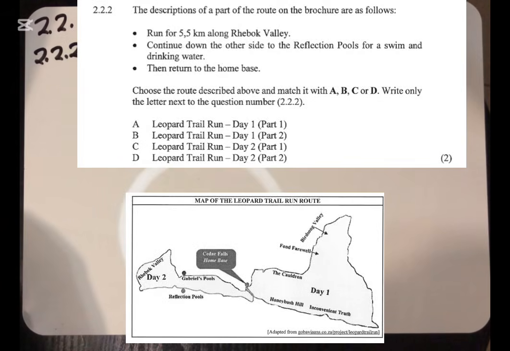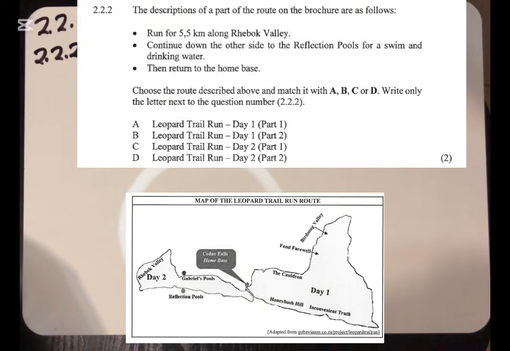And then turn to the home base. Okay, we see the home base. Choose the route description above and match it with A, B, C, or D.